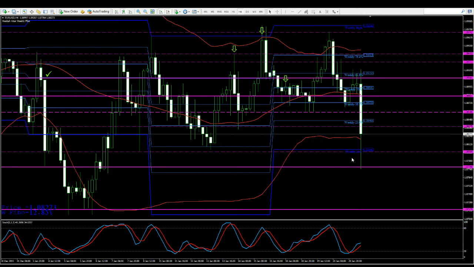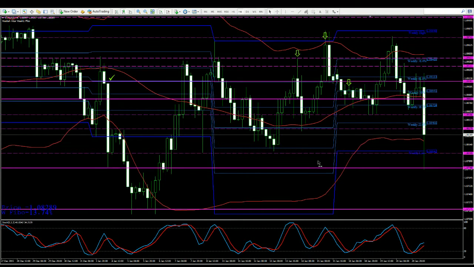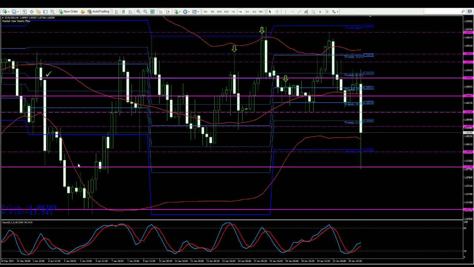These are the lines that were here before. I haven't drawn any today. As you can see, price came down here, touched this line, and then we have a huge candle wick, so it became a support here. But if we had looked further back, you see it was support before, and it was resistance too. So right now, yes, it did act as a support today.